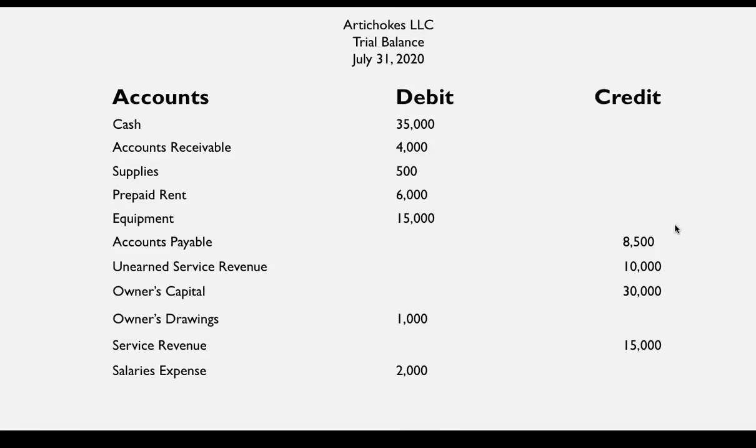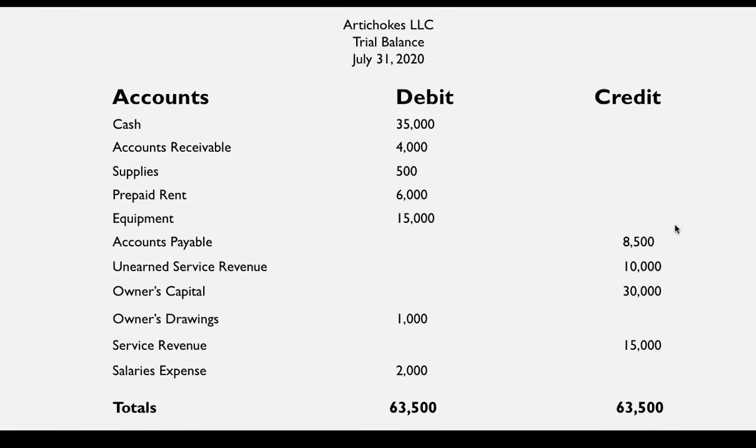So if you add up your debit and credit column, each of them should add up to $63,500. So if that happens, you are probably on the right track. It's not definitive, but you at least know that you haven't done anything too terribly wrong so far.